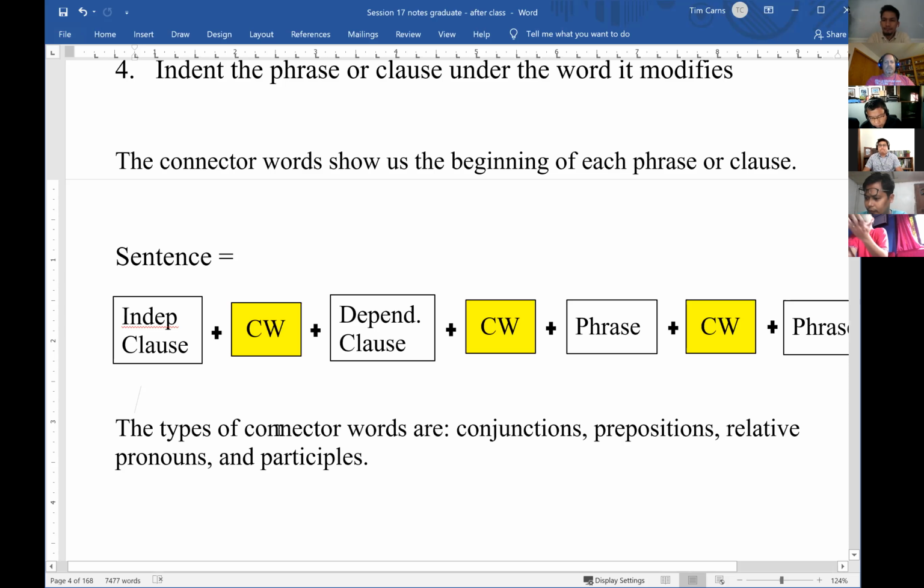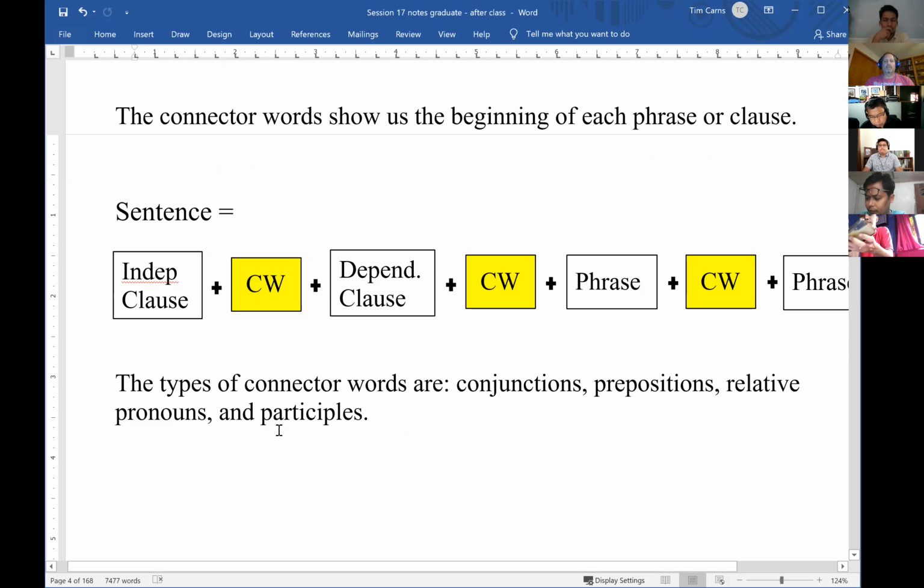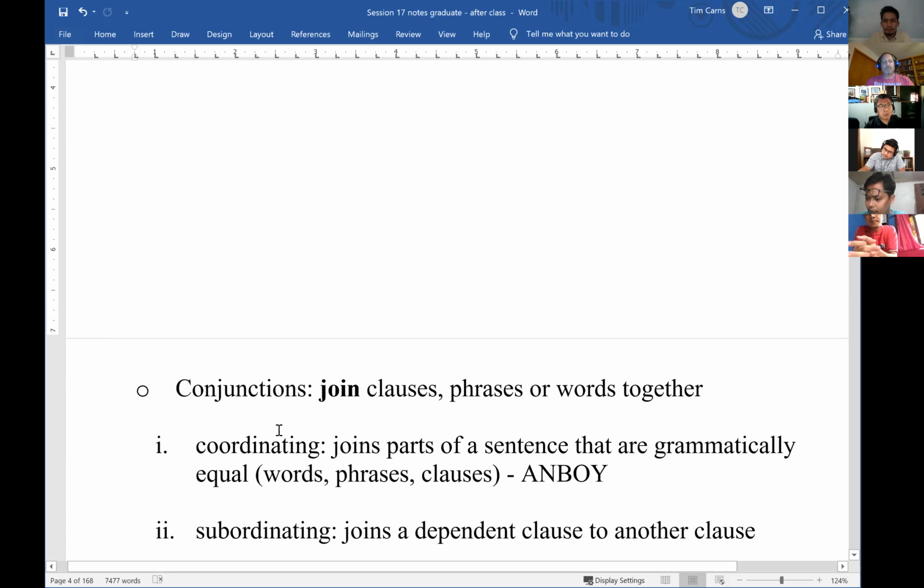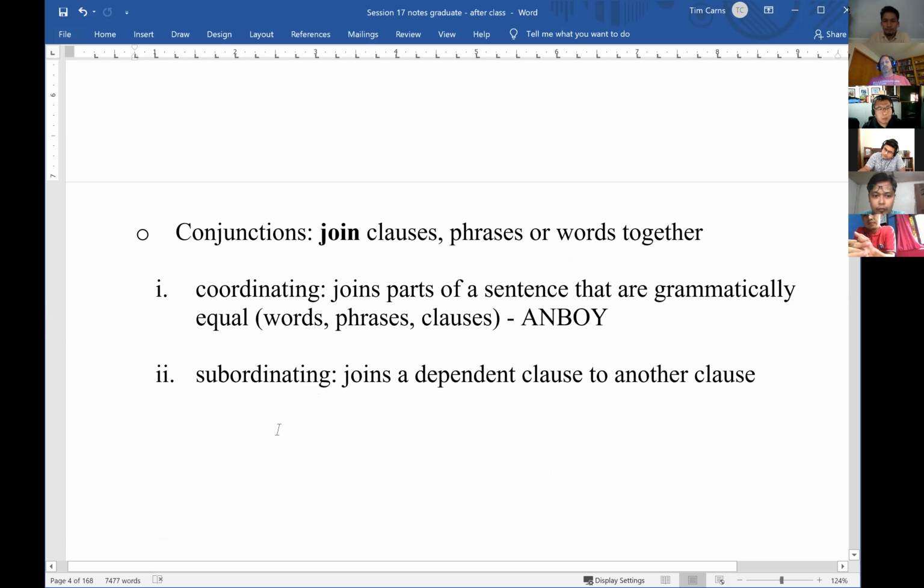So we focused our attention on the four connector words that are used in English and also, by the way, in Greek. It's the same kind of principle that functions in Greek. In Greek, we also have clauses and phrases which are introduced by these connector words. The first group that we've spent our time on is the conjunctions, right?